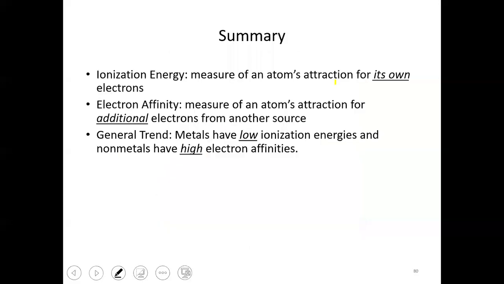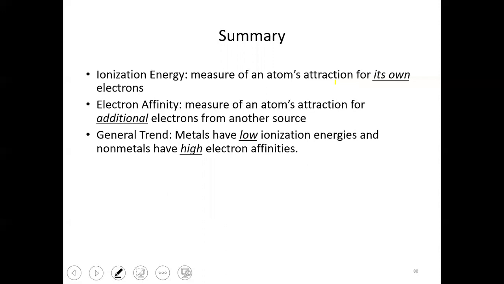Okay, time to wrap it up. Here's what we learned. First of all, ionization energy is the measure of an atom's attraction for its own electrons. The larger the ionization energy, the harder it is to pull electrons from an atom, which means the stronger the attraction that atom has for those electrons you're trying to remove.